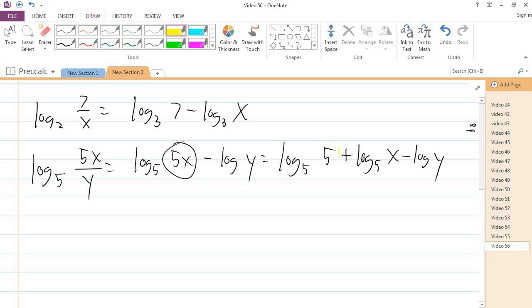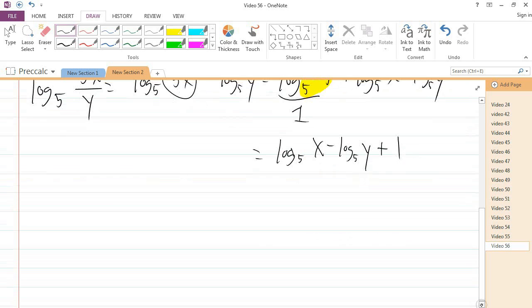And notice that I'm taking the log of my base, so this is 1. So this is really going to be log base 5 of x minus log base 5 of y plus 1. And there we go.